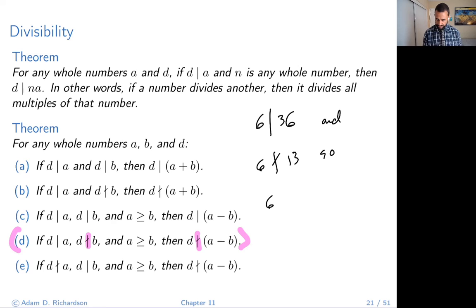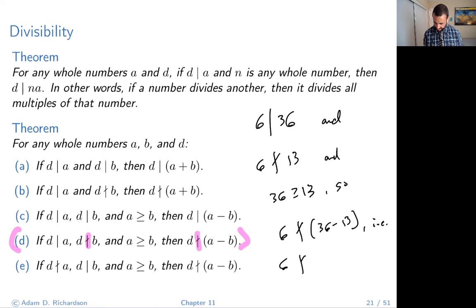And I should say, 36 is greater than or equal to 13. So 6 does not divide 36 minus 13. Or in other words, 6 does not divide, what is 36 minus 13? 23. And it's true, 6 doesn't divide 23, right?